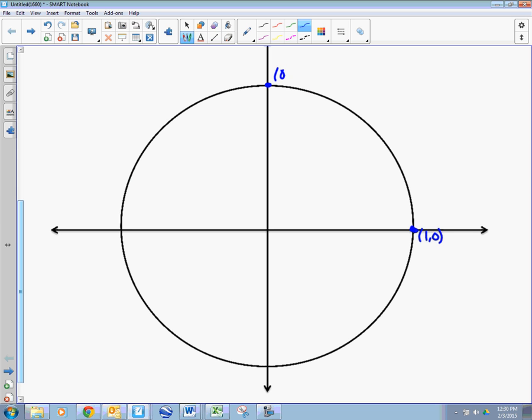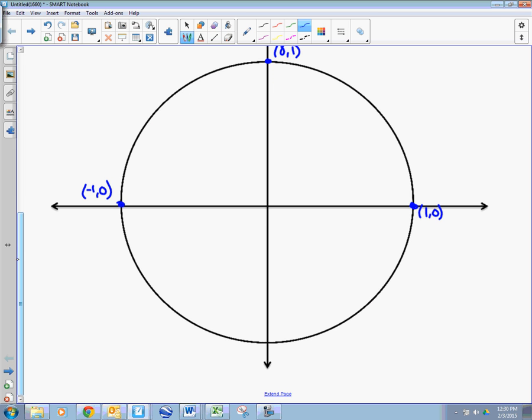You are super intelligent. Automatic 33 on the ACT for anybody who gets this one. You're all going to Harvard. And the bottom one. 0, negative 1. Very good.